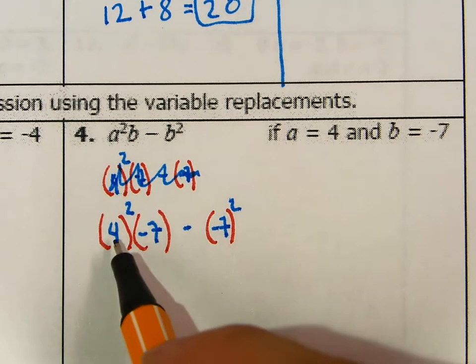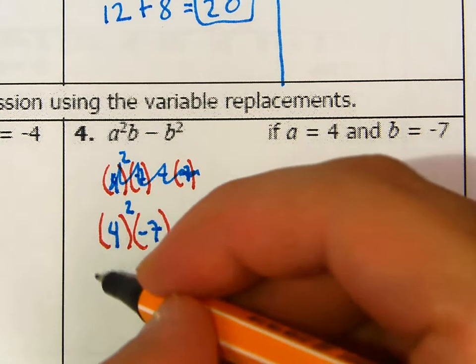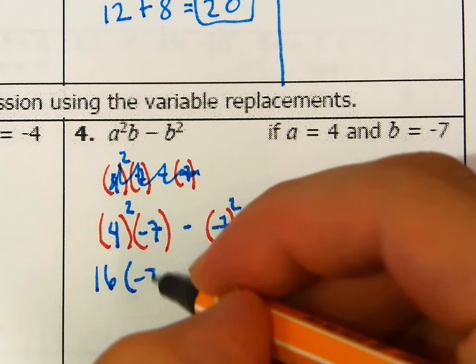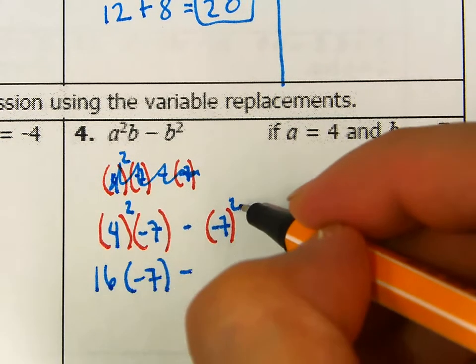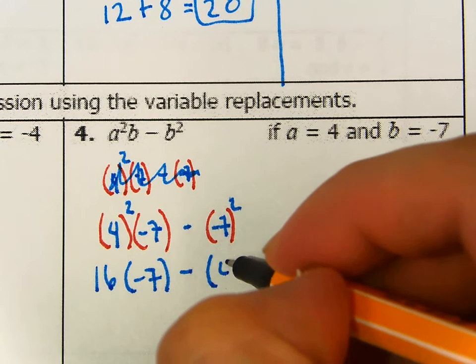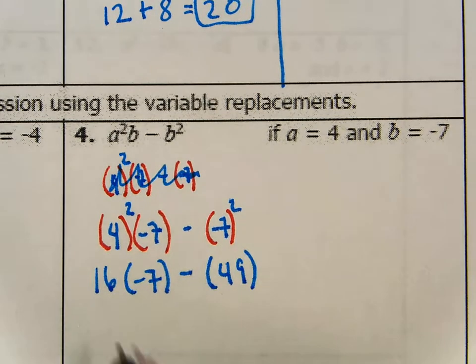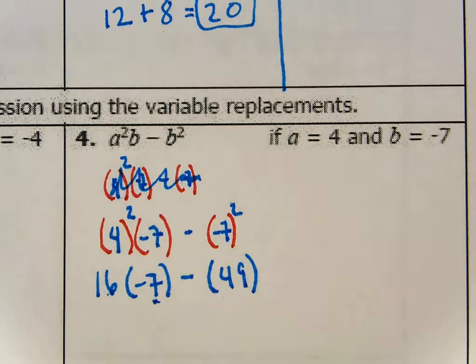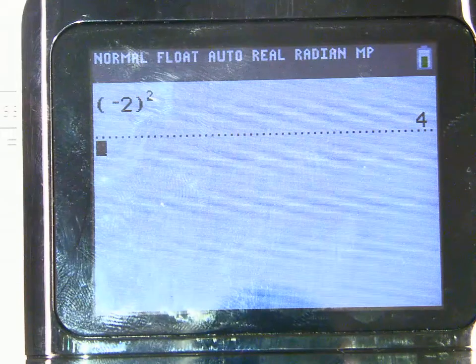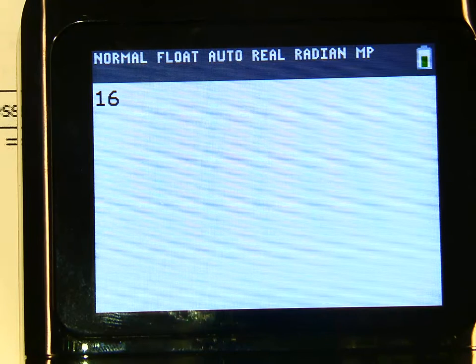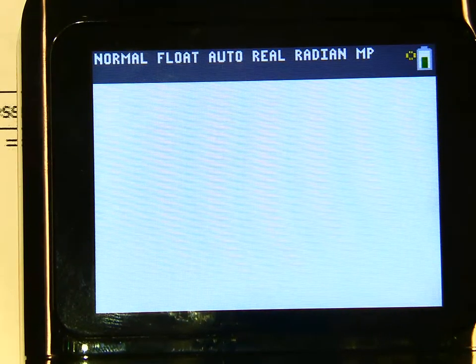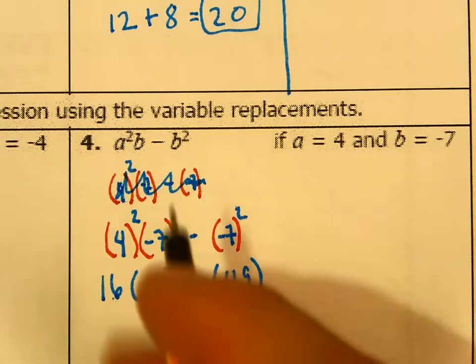Okay, now here I do 4 squared first, which is 16 times negative 7 minus, what is negative 7 squared? That is 49, right? What is 16 times negative 7? Let's use the calculator, right? What is 16 times a negative 7? It's a negative 112.